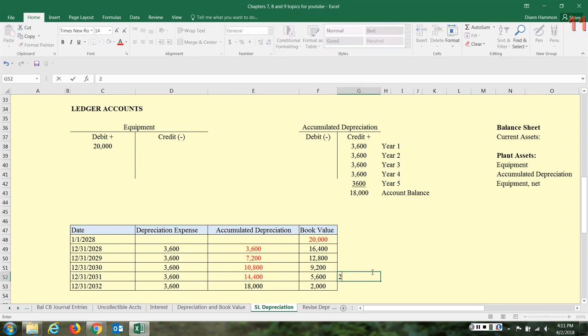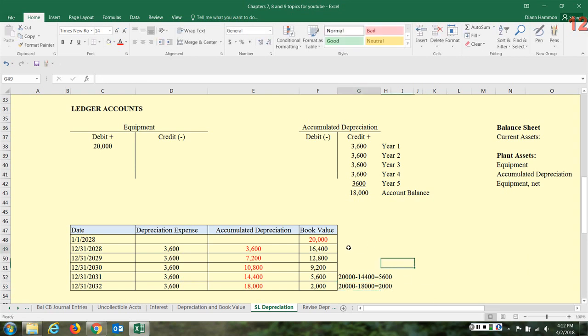Go back to your $20,000, which was your original value, minus the $14,400. Now the book value is $5,600. So we're doing this every year. And we get to the last year, we take another depreciation expense on this equipment, add it to the accumulated depreciation account. We end up with now $18,000 in that account. So the book value at this point, again, we're just doing the simple math here, minus the $18,000, balance $2,000.